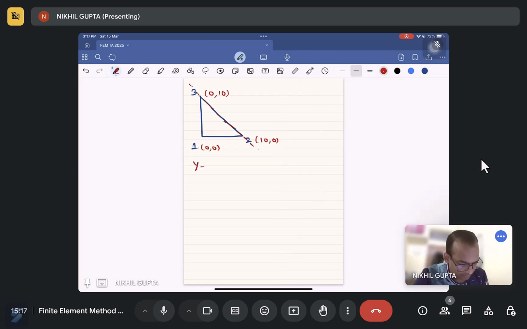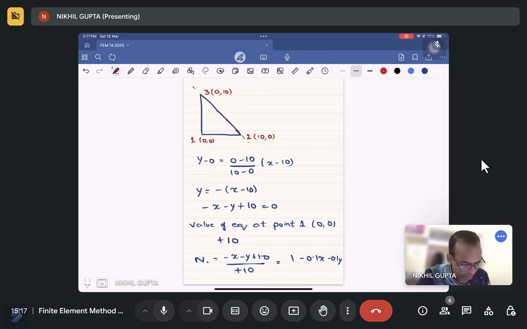Y minus 0 is equal to... see, I have done it here. This is the equation of this line. Now, if you are finding N1, this equation should give you the value of 1 at this node's coordinate, because that is the property of N. So we find the value of this equation at that point.